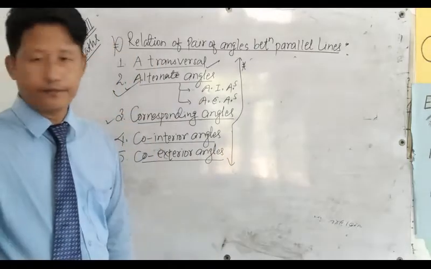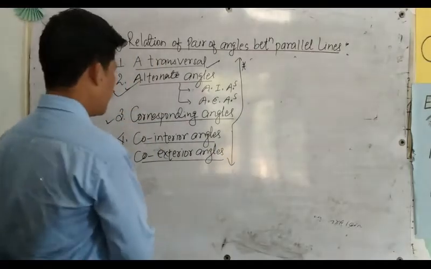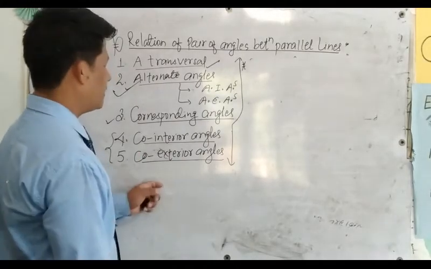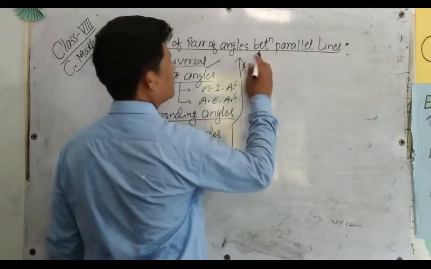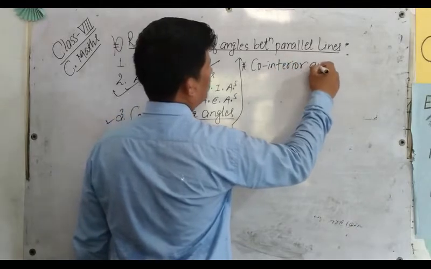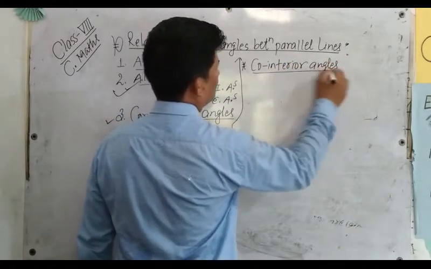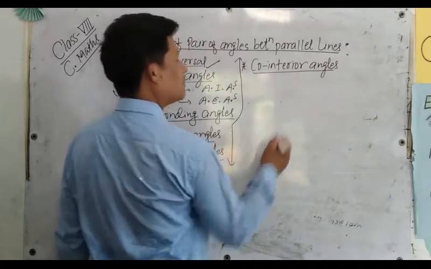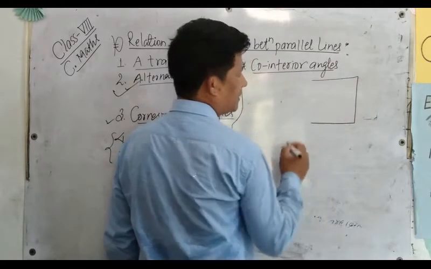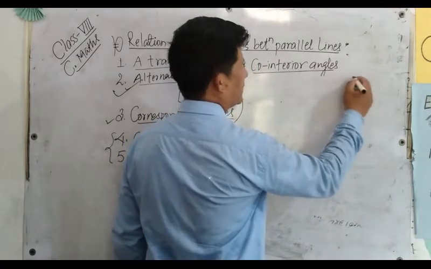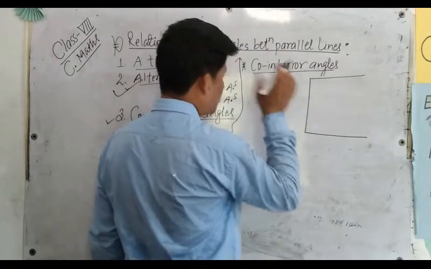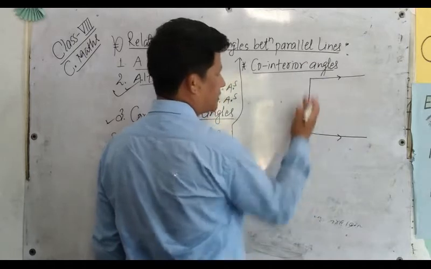Next are co-interior angles and co-exterior angles. Co-interior angles means the angles formed in the shape of C or D. You can take it in this way also, in the shape of C. These two are parallel and this is the transversal.